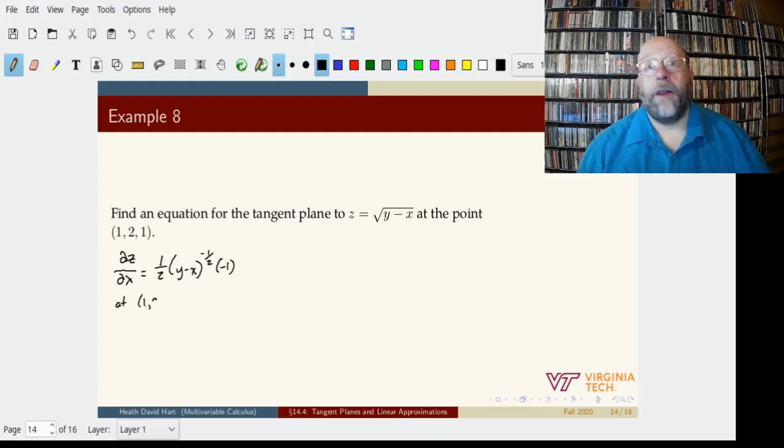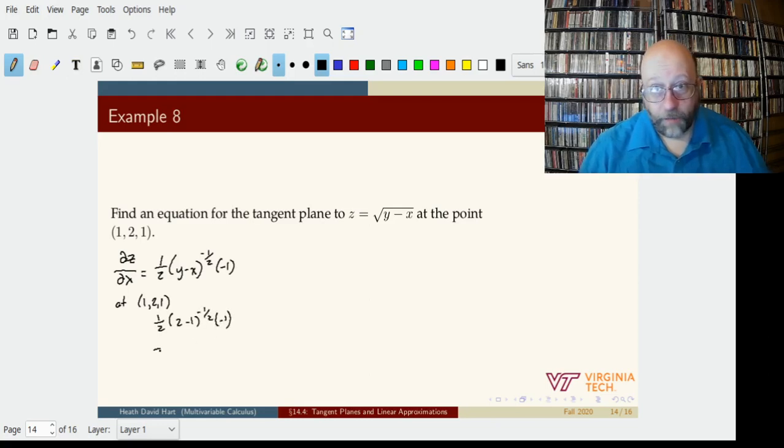And at (1, 2, 1), that's 1/2 times (2 minus 1) to the negative 1/2 times negative 1. 1 to any root power is just still 1, so this is 1/2 times negative 1, which is negative 1/2.